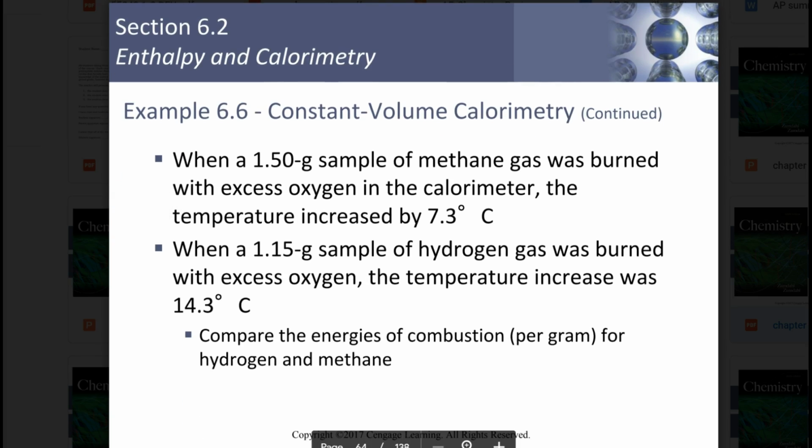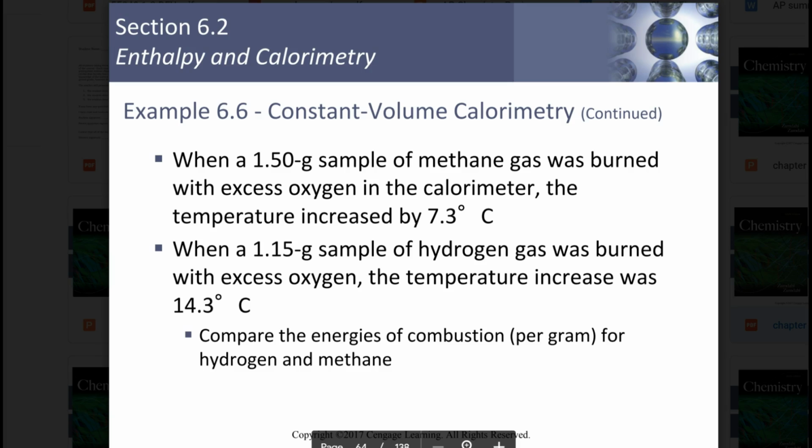If you had a 1.5 gram sample of methane gas, and it was burned, there was a temperature increase of 7.3 degrees Celsius, and a 1.15 gram sample of hydrogen gas burned, the temperature increase was 14.3. Now tell me, is it more energy efficient to burn hydrogen or methane?